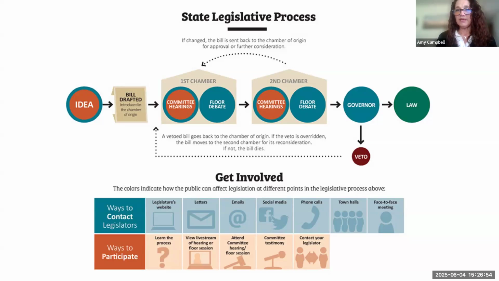Before that thing becomes law, it has to pass both chambers. Sometimes it has to pass both chambers more than once if the version gets changed. And it has to pass a committee process on at least one side, sometimes two.